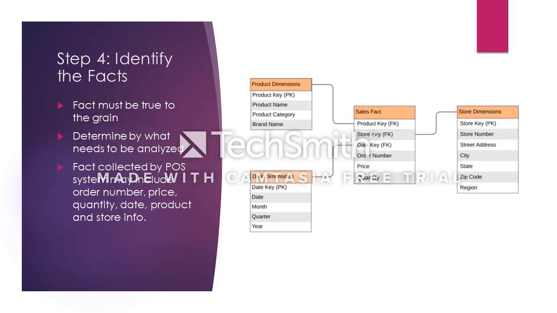In the retail sales, we may want to know how many toilet paper people buy at once in a particular store on a particular day. So we'll need the sales fact table with all the numbers representing each order or transaction, what product was sold, how many of such product was sold, and on what date.